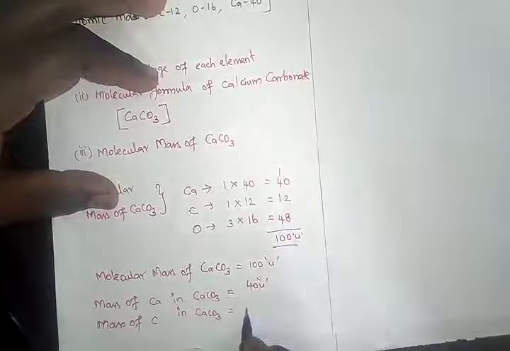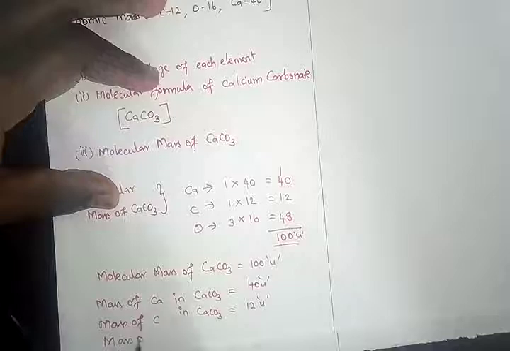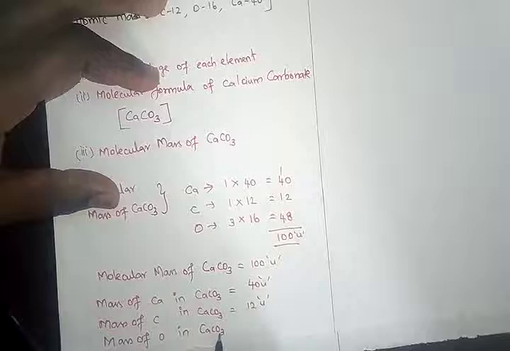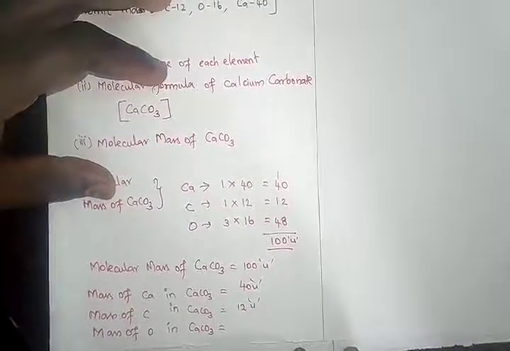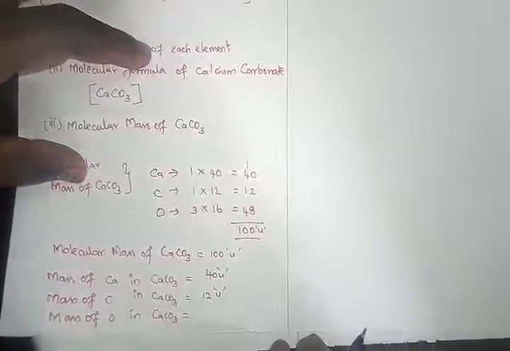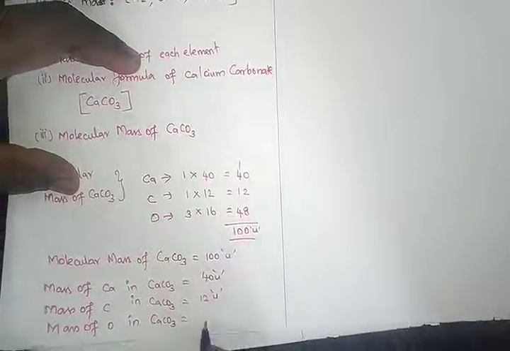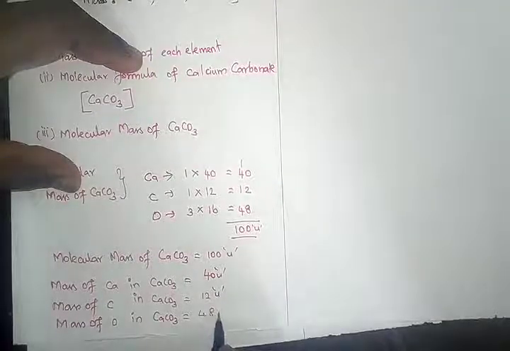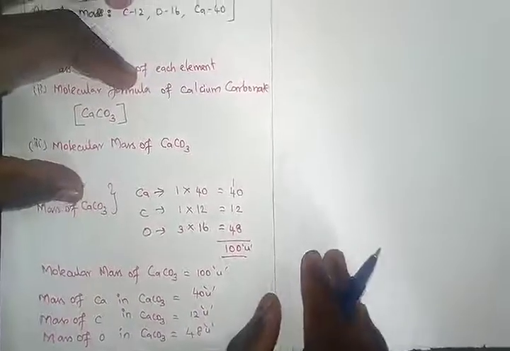How much is it? 12 U. The next one, mass of oxygen in calcium carbonate is equal to how much, my dear children? You can easily calculate from the calculations. Am I right or not? Yes. So 48 U it is. So this is the detail we want to calculate the percentage of each element.